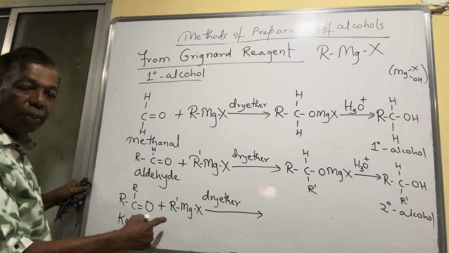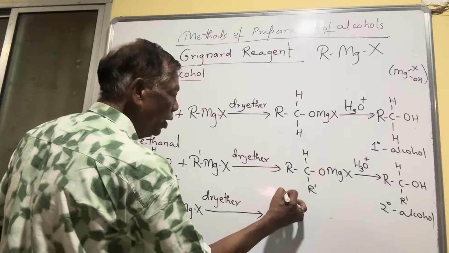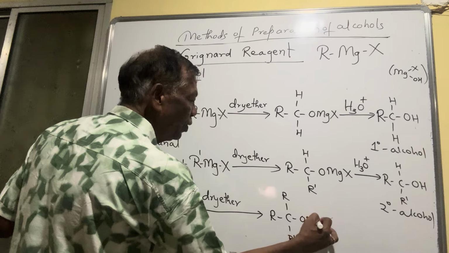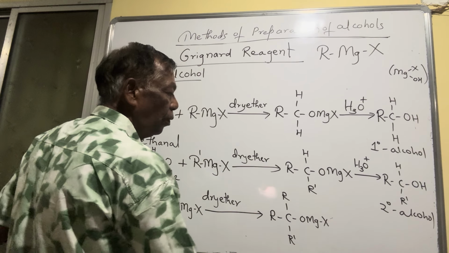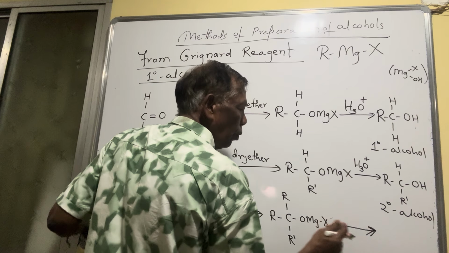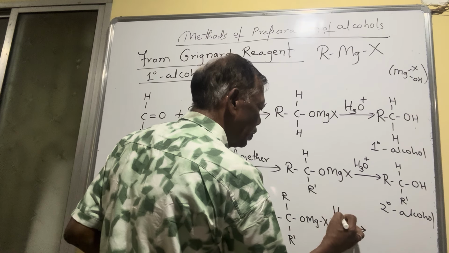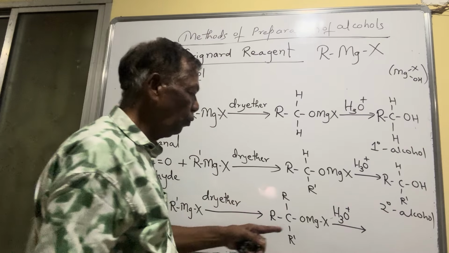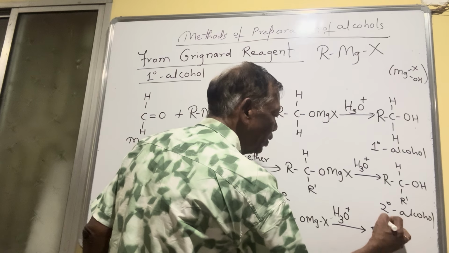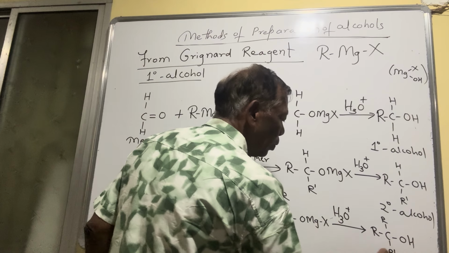Just for you to understand, I'll take R dash. So what will we get here? RCR'OMgX. When you treat with water, means acidified water, water in presence of acid, so H3O+ I will put. Okay, this will become OH. What will we get here will be RCRR'OH. What alcohol is it?